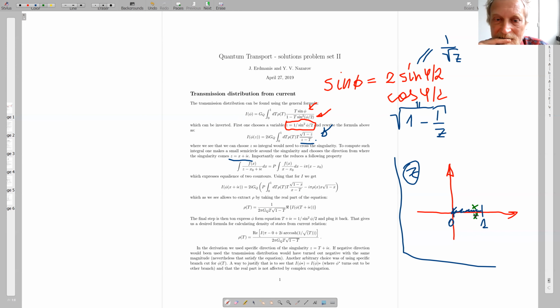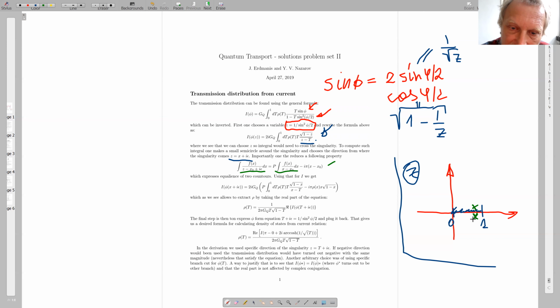Well, one can implement the Cauchy formula, and one can reduce this integral to a principal value integral plus an addition, which eventually depends on whether here or here.